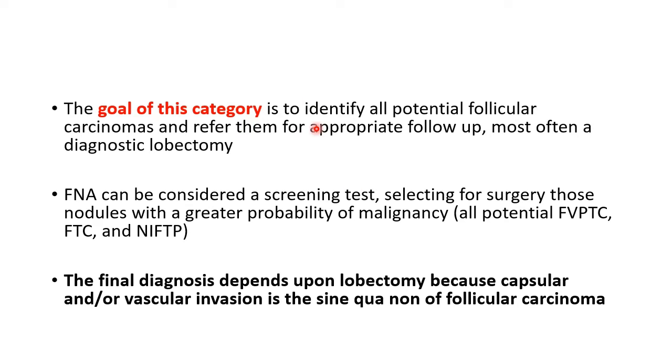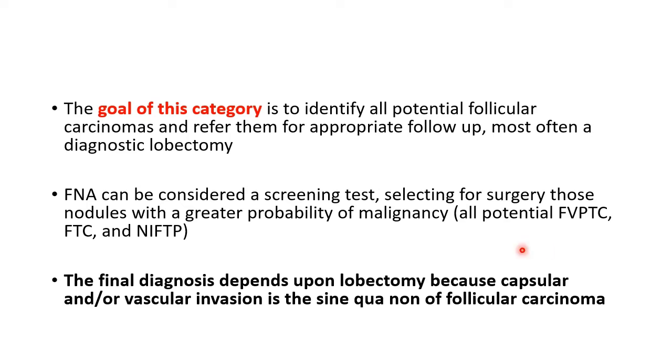The goal of this category is to identify all potential follicular carcinomas and refer them for appropriate follow-up, most often a diagnostic lobectomy. So FNA can be considered a screening test, selecting for surgery those nodules with a greater probability of malignancy.